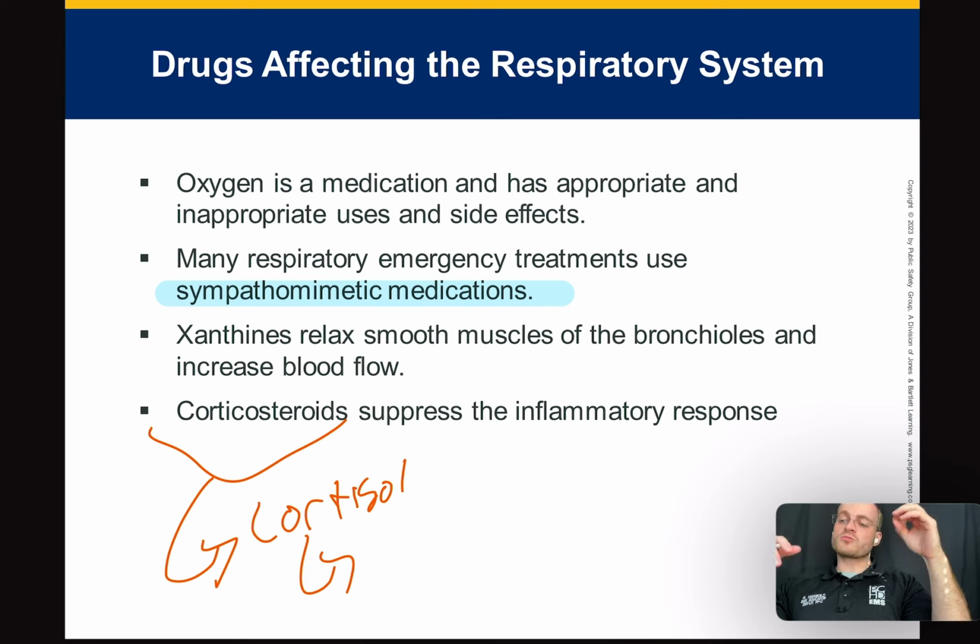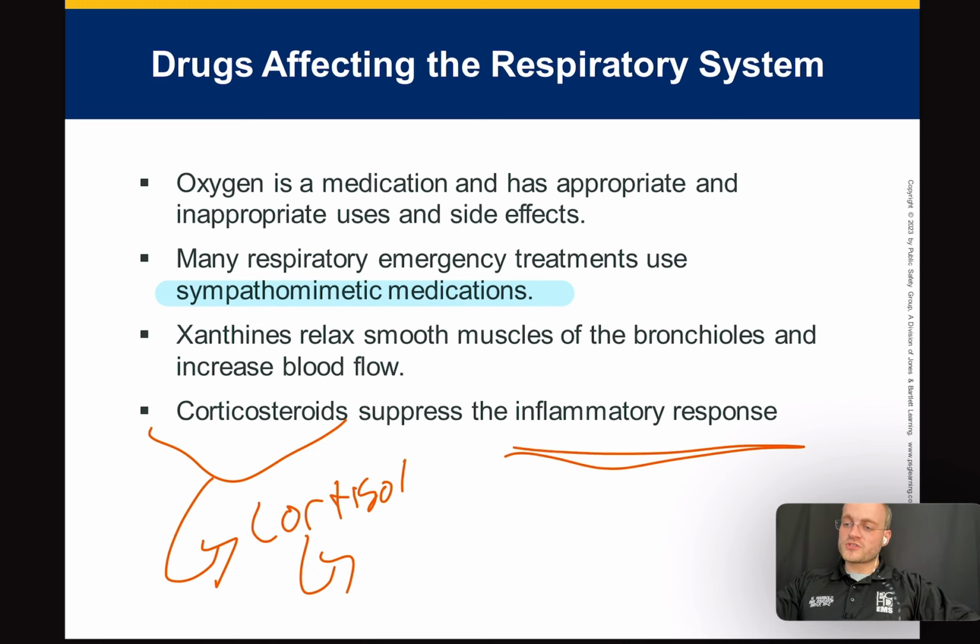So when you give someone corticosteroids like dexamethasone or methylprednisolone or prednisone, it tells the cells to hold on to the stuff that we need to make white blood cells, specifically T cells. That's the idea of corticosteroids: they suppress inflammatory response. Basically, you knock down the immune system when you give corticosteroids because sometimes the immune system is the problem in cases like asthma and anaphylaxis. It's the immune system that is creating those problems for us. Okay.